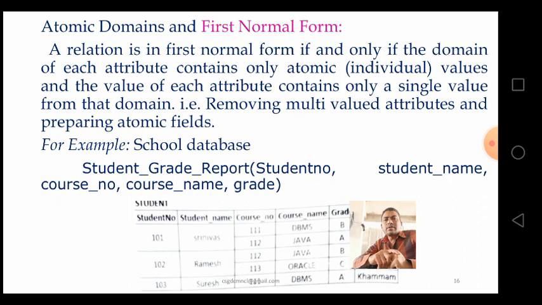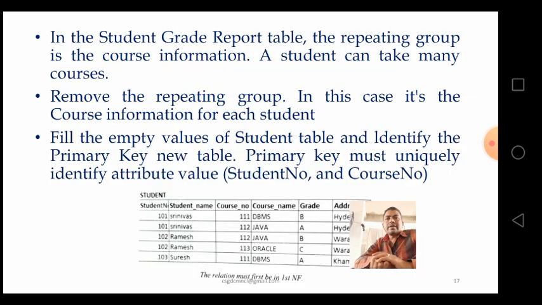Student number, student name, course number, course name, and grade are the different fields of the student table. This is a school database. In the student grade report table, the repeating group is the course information.